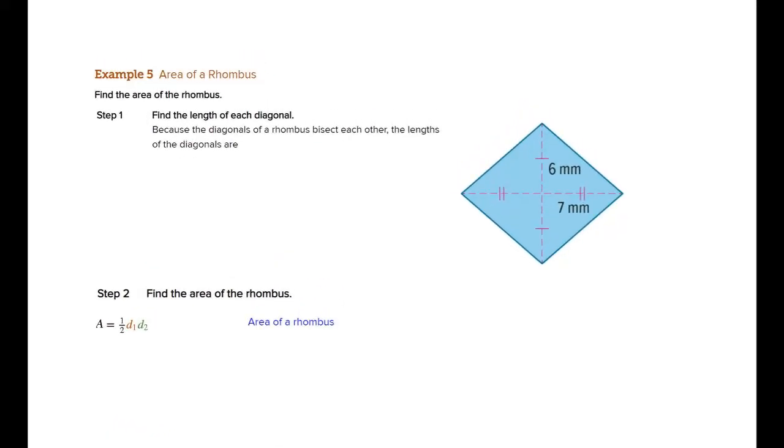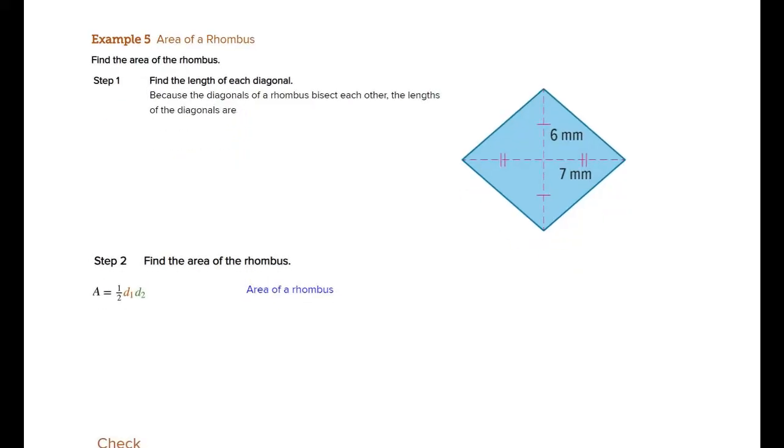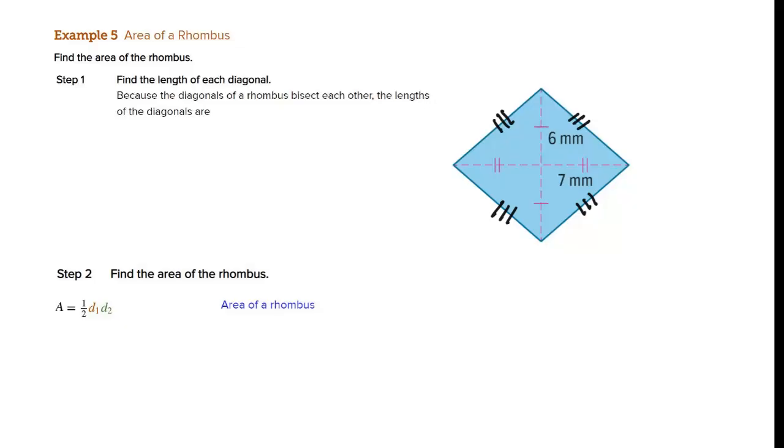So, area of a rhombus. This is like a square that is slanted. For a rhombus, all these sides are congruent. Notice it says in step 1, find the length of each diagonal. Because the diagonals of a rhombus bisect each other. If something is bisected, it is cut into 2 equal parts.